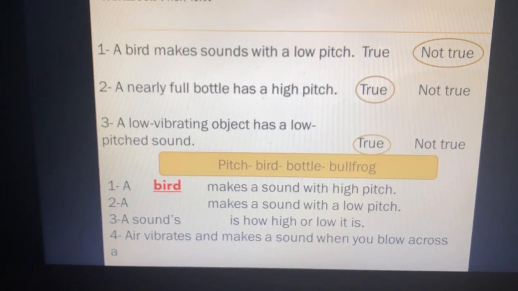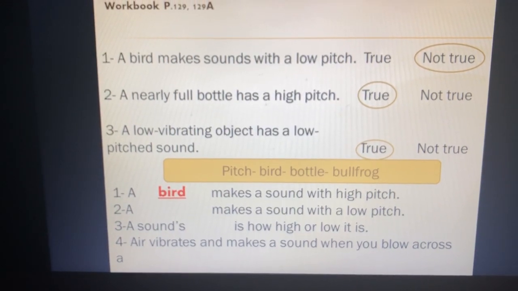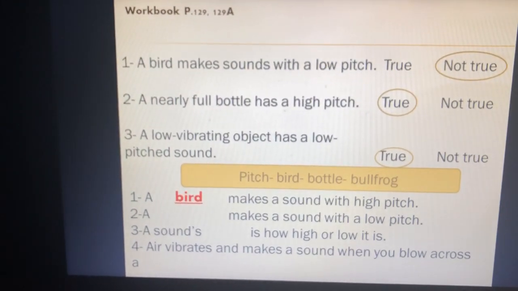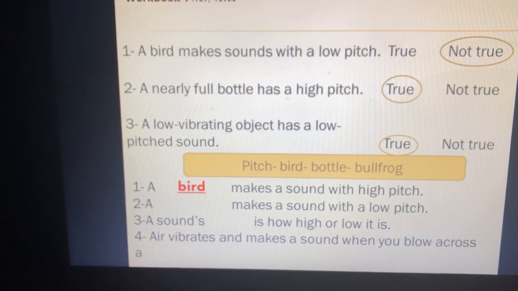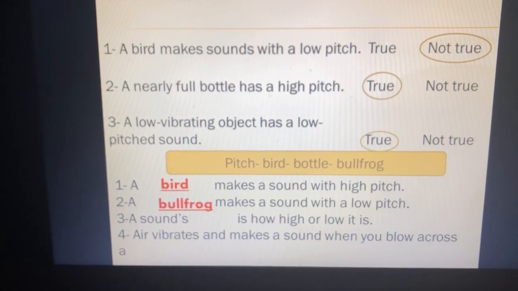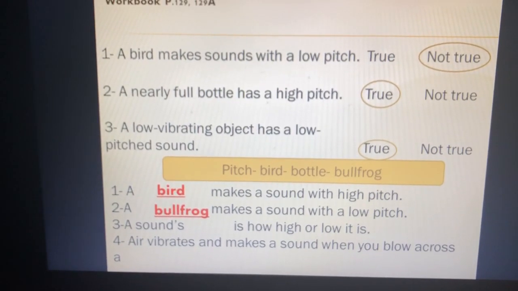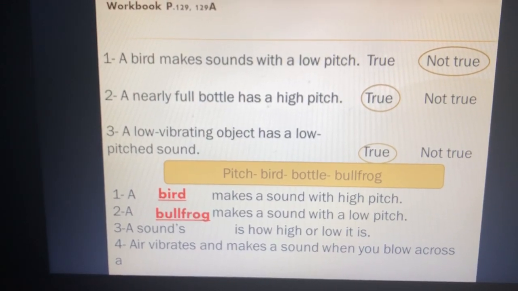A bird. A bird makes a sound with a high pitch. Number 2. A blank makes a sound with a low pitch. Bullfrog makes a sound with a low pitch.